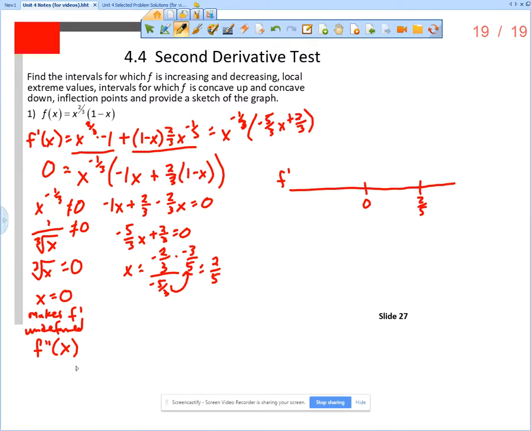So now I'm going to use the product rule. f double prime: I'm going to take x to the -1/3 times the derivative of -5/3 x plus 2/3, that would be -5/3, and then plus -5/3 x plus 2/3 times the derivative of x to the -1/3, which would be -1/3 x to the -4/3. All right, so now I'm going to set this equal to 0 and solve just like the previous one.